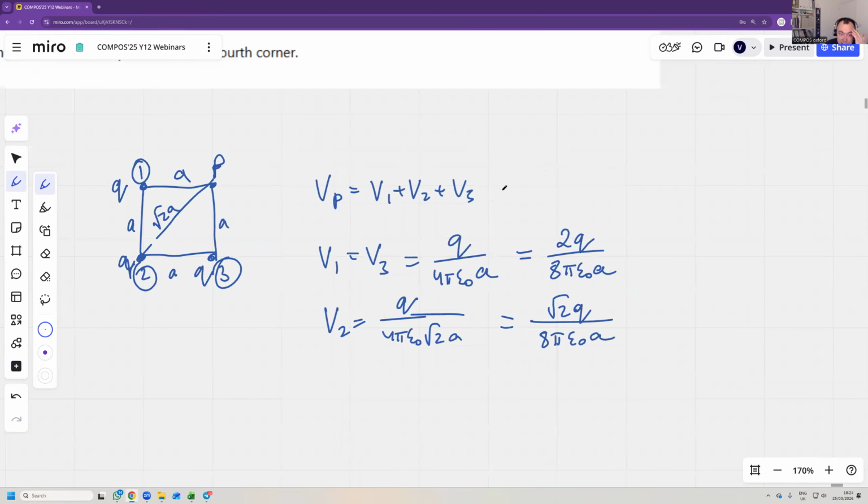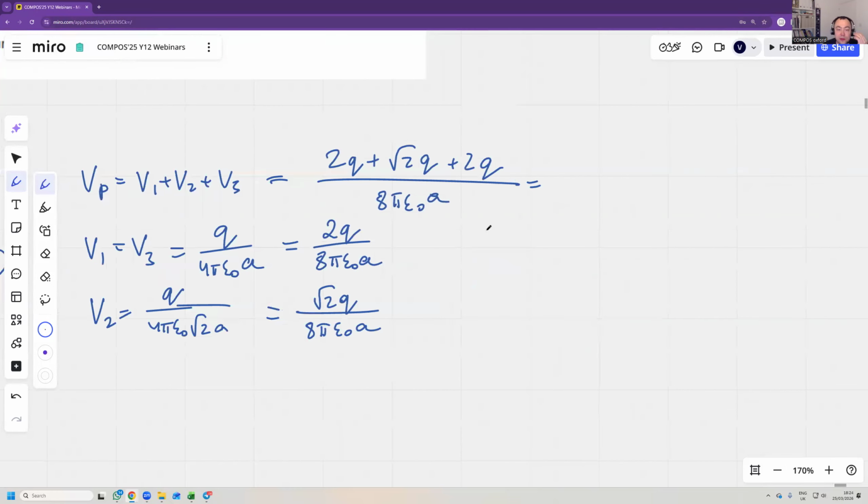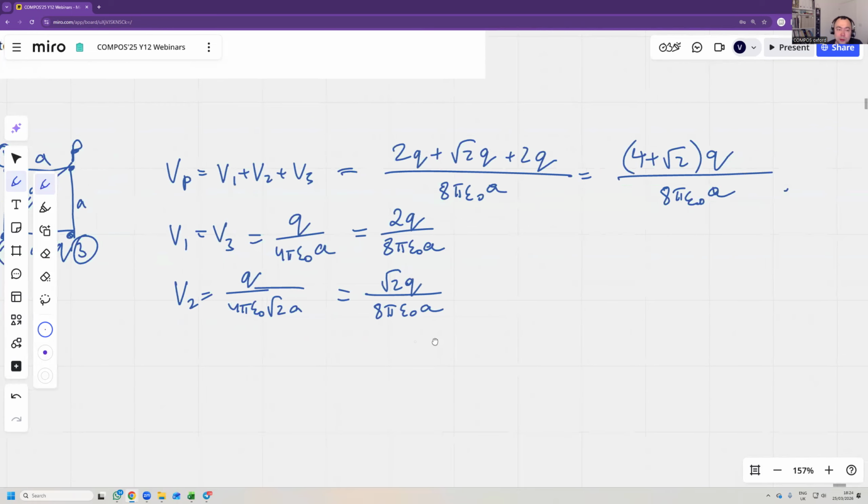And now we're just adding. So that's going to be V1 plus V2 plus V3. So it's 2Q plus root 2Q plus 2Q divided by 8 pi epsilon naught A. So that is 4 plus root 2, Q over 8 pi epsilon naught A. We don't need to simplify further.